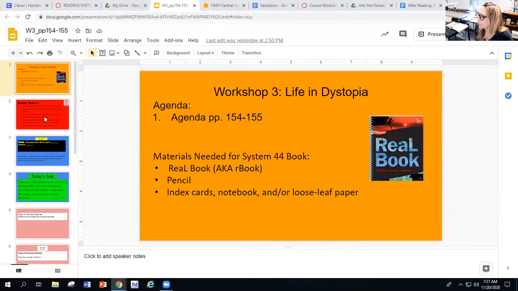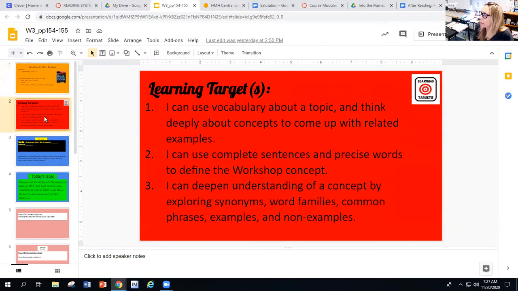Okay, so 154 to 155, I can use vocabulary about a topic and think deeply about concepts to come up with related examples. I can use complete sentences and precise words to define the workshop concept, dystopia. I can deepen understanding of a concept by exploring synonyms, word families, common phrases, examples, and non-examples.